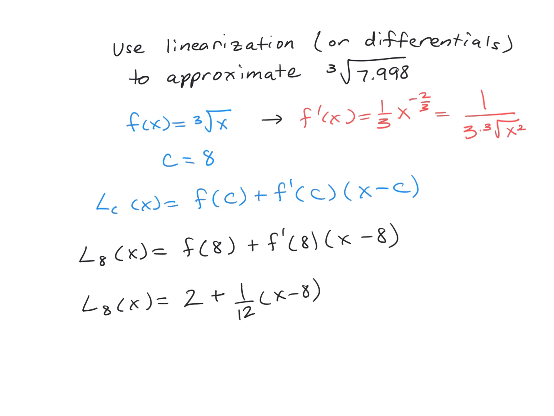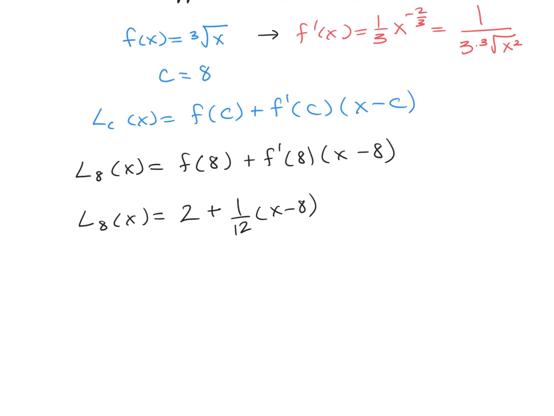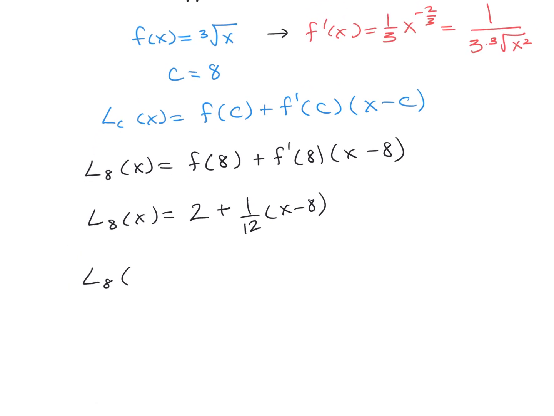All right, and so now what we want to do is actually calculate L for that number, 7.998. We don't want to lose sight of what we're trying to do. So we're going to be finding the linearization at the point 7.998. So that's going to be equal to 2 plus 1/12 of 7.998 minus 8.